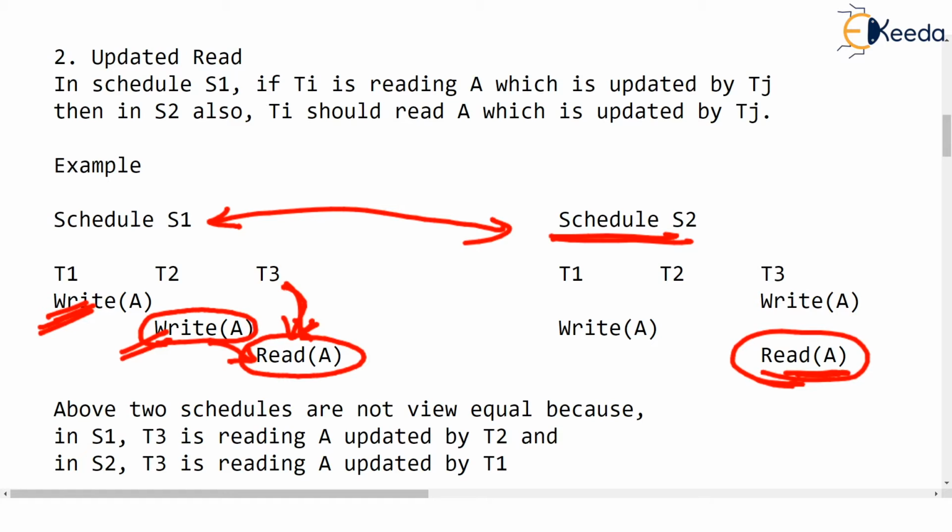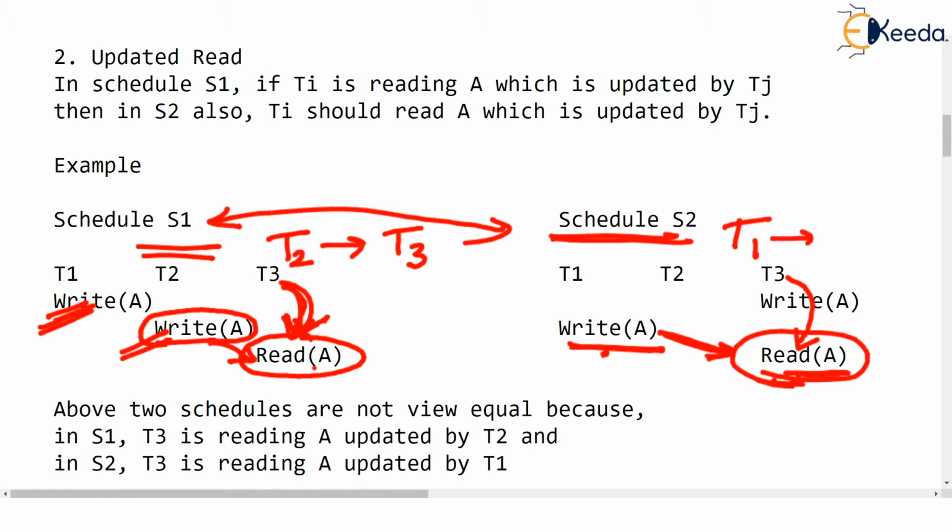Okay, read A. And who has updated this A last time? You can see that T1 had updated the value of A. After that, read A is happening. So T3 is reading the value of A which was updated by T1. Are you understanding? In schedule S1, T3 is again reading A, but it was updated by T2. Here T2 had updated the value which is getting read by T3, and here T1 had updated the value which is getting read by T3.